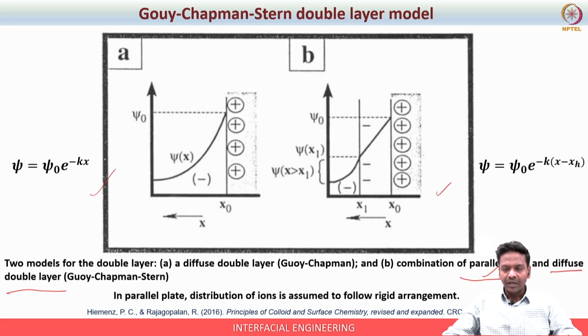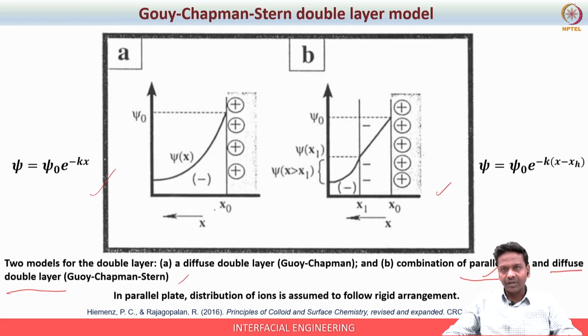So there is a linear variation right after the charged surface, and then an exponential variation once the diffuse boundary layer starts to occur.